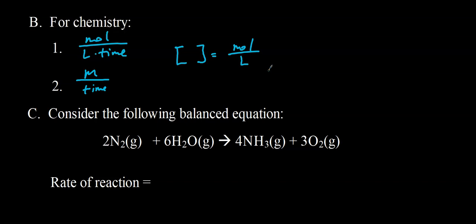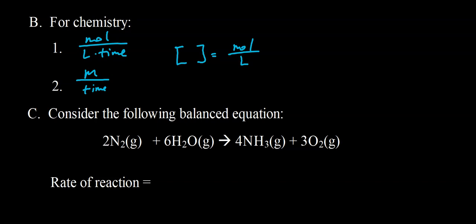So besides concentration, what else could you measure about a chemical reaction, and what kind of change could you measure over time? Go ahead and pause the video and list some things. So hopefully you have some of these. Change in temperature over time. If you have an endothermic or exothermic reaction, you can measure the change in the temperature that occurs.